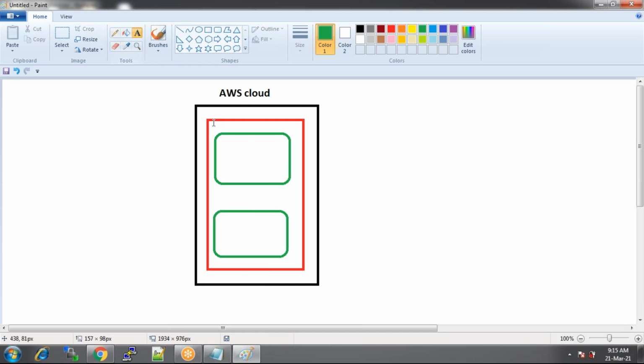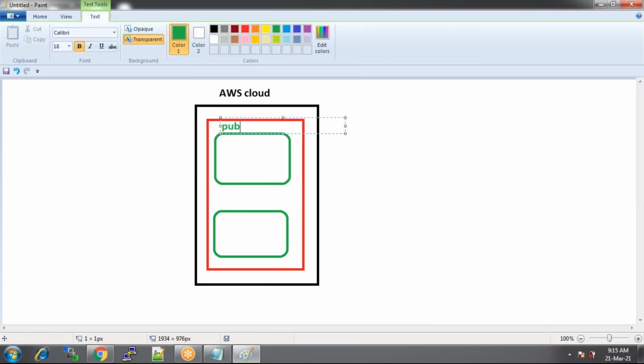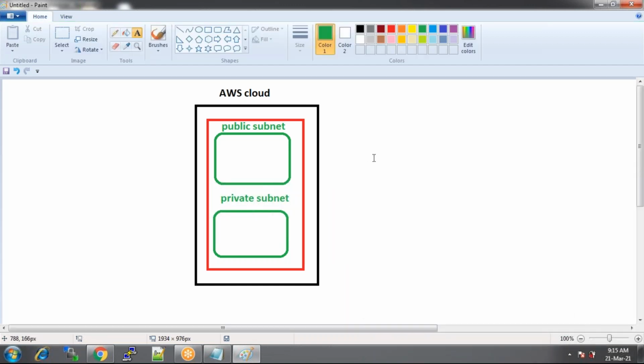We have two subnets. One is a public subnet, the other is a private subnet. In the public subnet, we run the instances and the deployed applications.